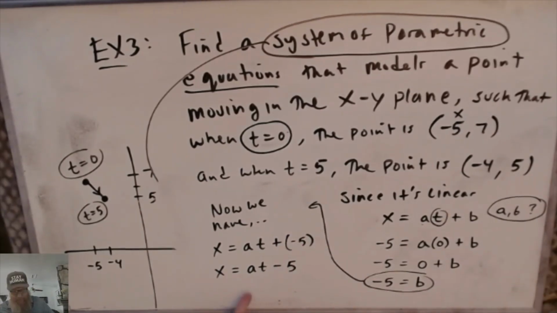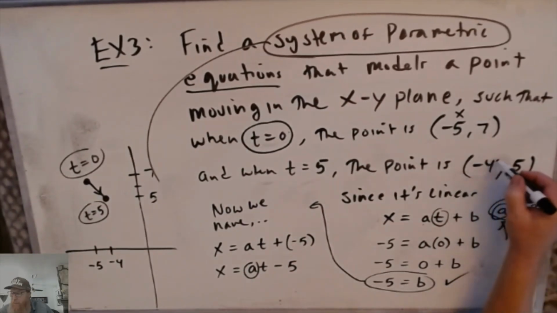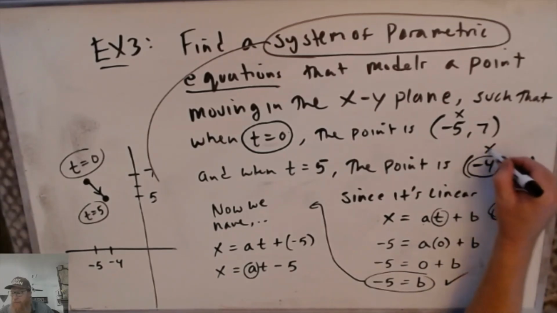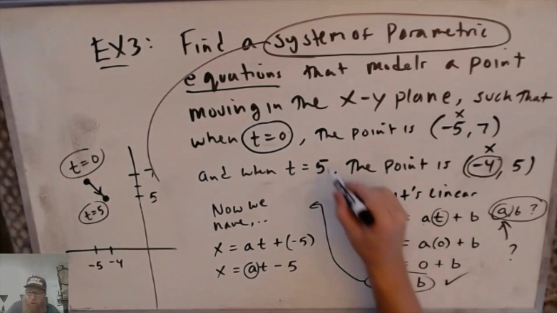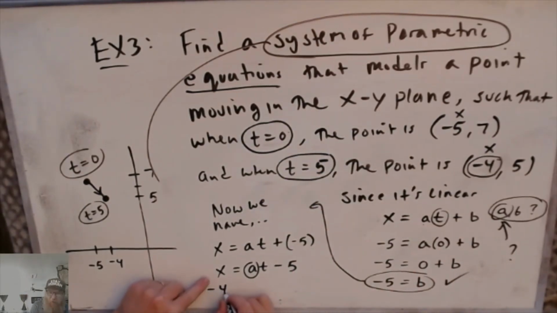I still need to figure out who a is now. I got b. I need a. But I have another point. X is negative 4 when t is 5. So put in negative 4 for x and put in 5 for t.